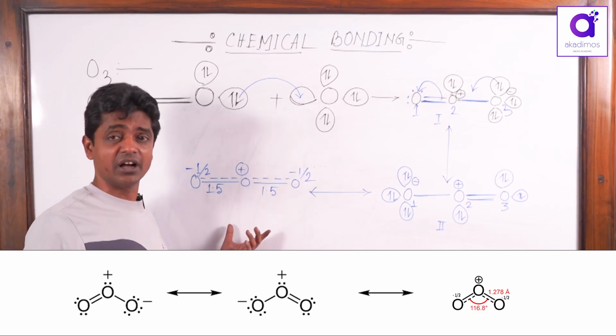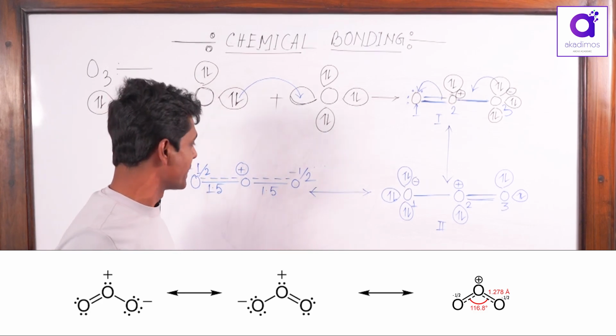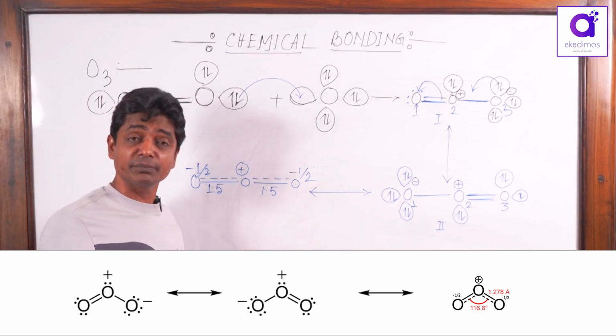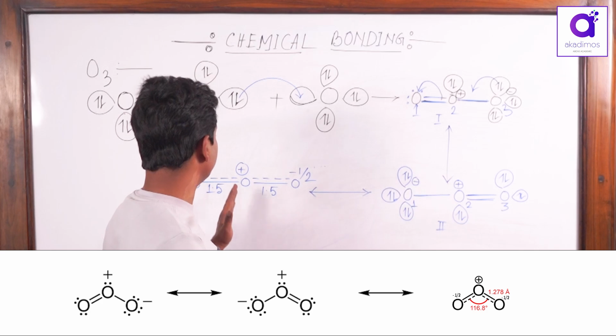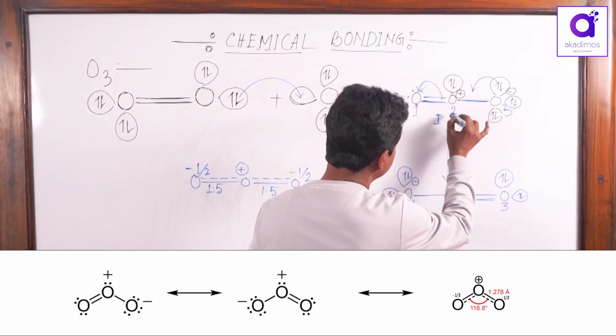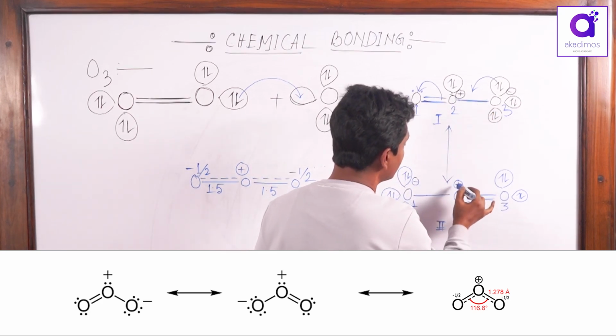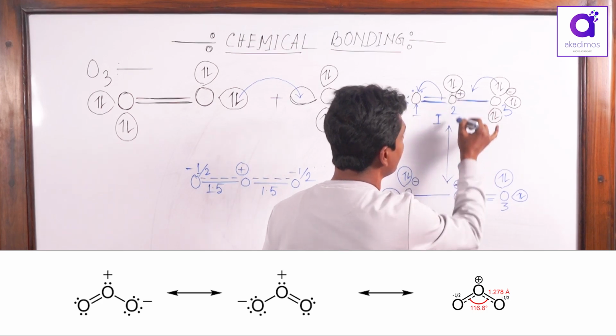Now this idea makes both oxygen bond lengths the same. The formal charge on the middle oxygen is always +1, since you see in canonical form 1 and in canonical form 2, both have plus charge on the middle oxygen.